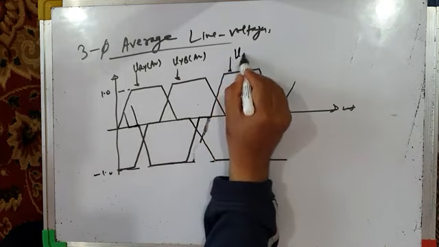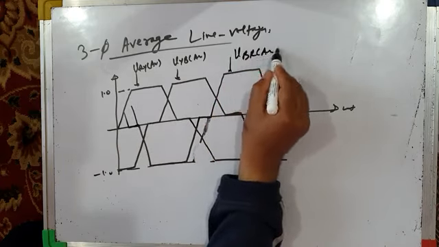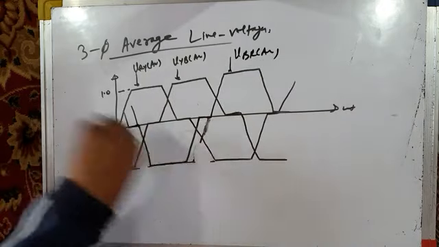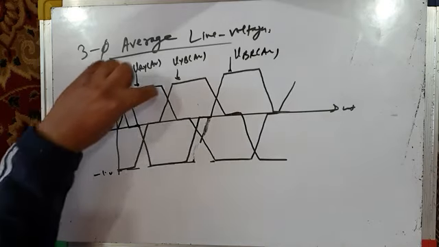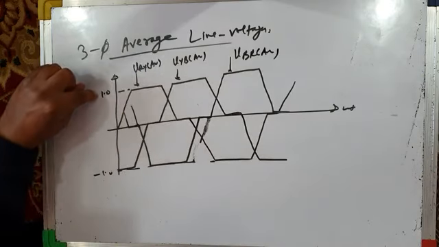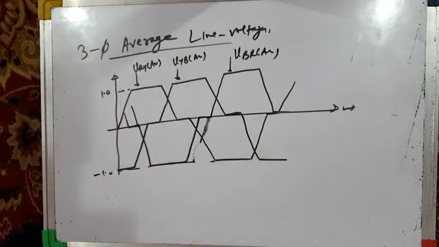So this is VBR average. You can see the RMS value of line voltage will now be much higher than the previous case, because it stays at 1.0 for a fairly long period. So that increases the RMS value of the fundamental component of inverter output voltage.